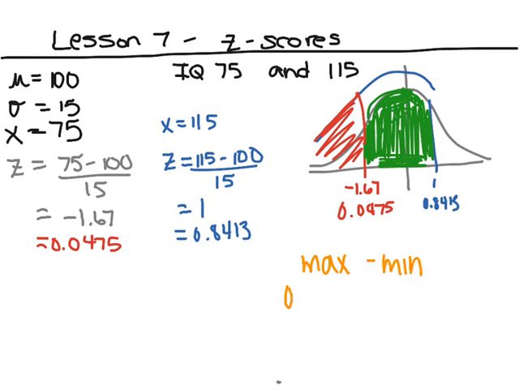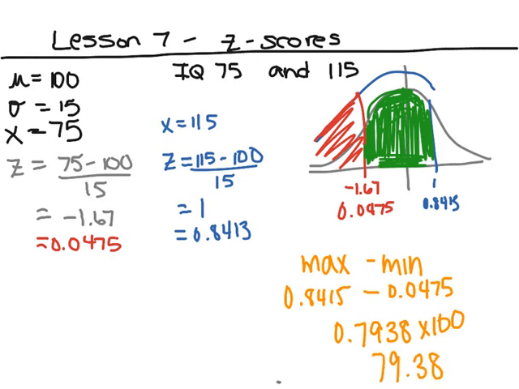So 0.8413 subtract 0.0475 and you get 0.7938, times by 100, you get 79.38%.